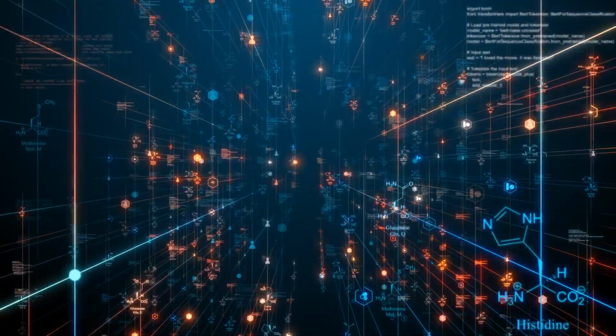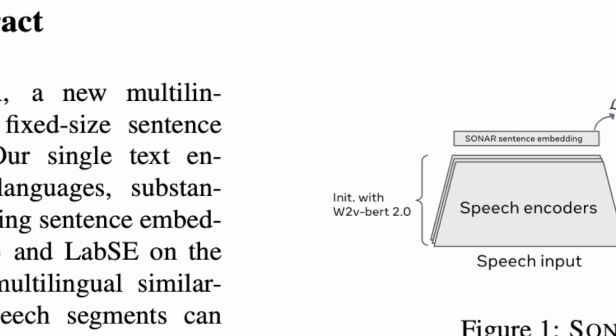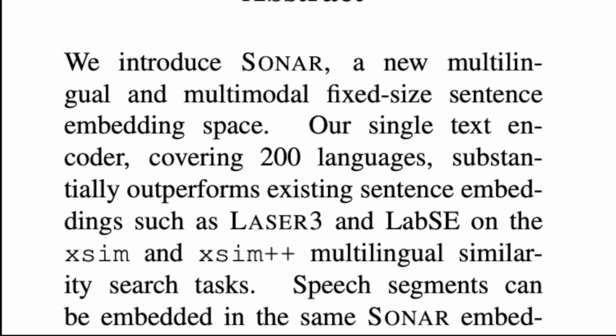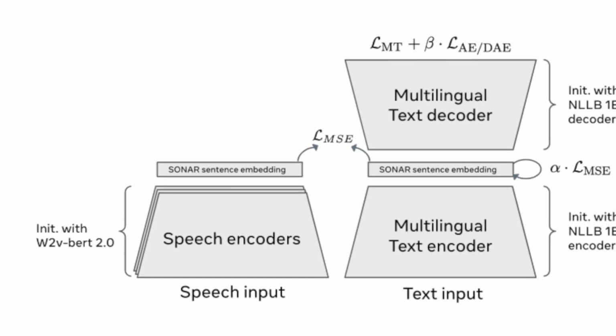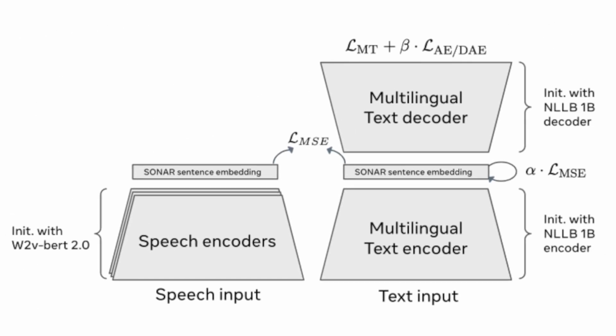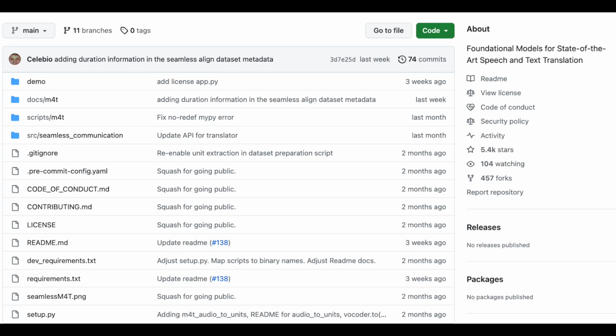To overcome this challenge, they created a multilingual and multimodal text embedding space called Sonar, covering 200 languages. This embedding space was extended to the speech modality, encompassing 36 languages using a teacher-student approach. This process involved mining data from publicly available web repositories, resulting in a vast corpus known as Seamless Align, which includes speech-to-speech and speech-to-text alignments.